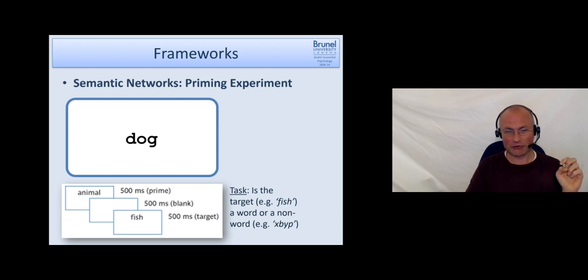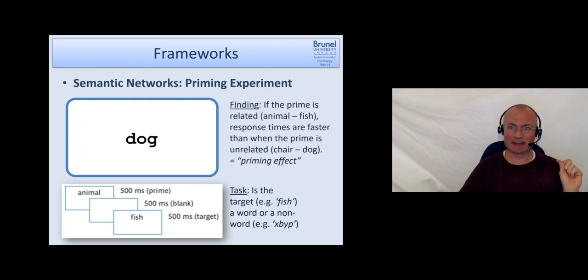Now what is curious is that if this prime word is related to our target, like in this example, animal and fish, because a fish is an animal, then people are faster as compared to the second example where the prime is not related, chair and dog.